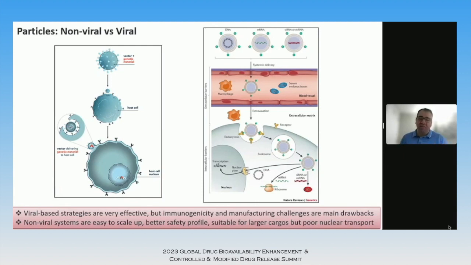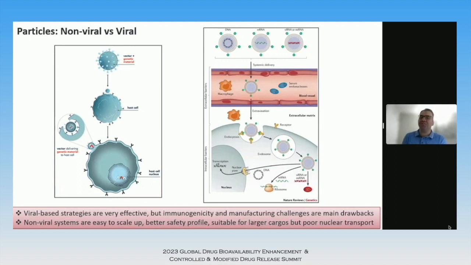But with the particle-based approaches, when you have a gene, DNA, it is very difficult to take this cargo into the nucleus. We have a much better chance with mRNA and other cargos, because these molecules don't need to go into the nucleus.